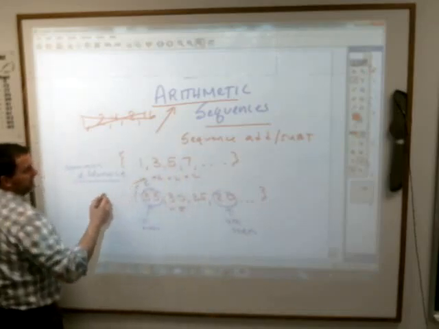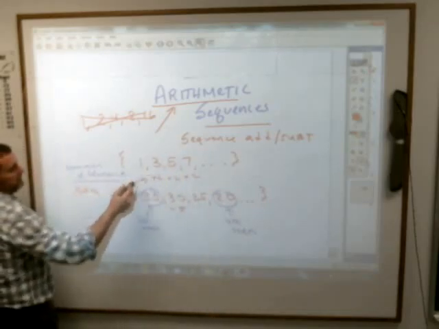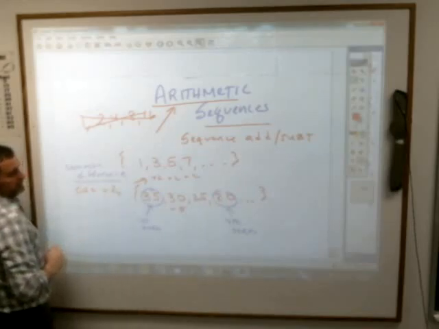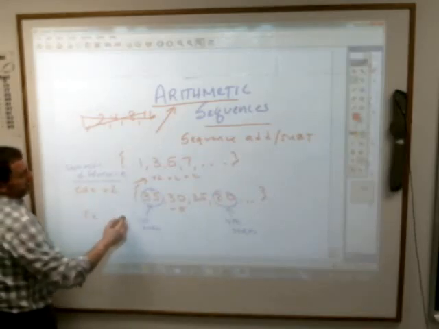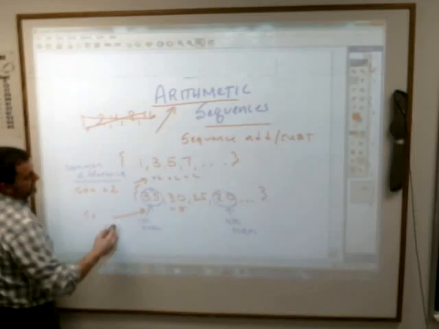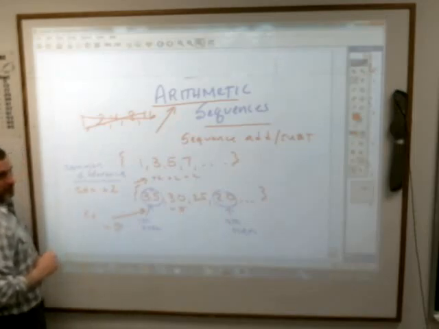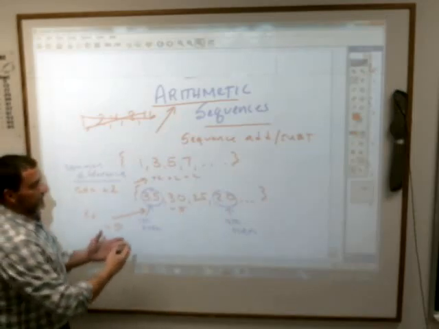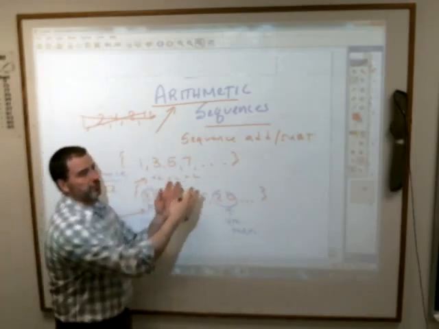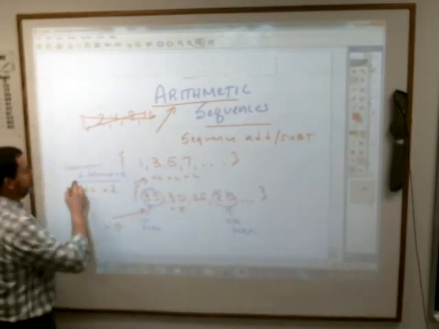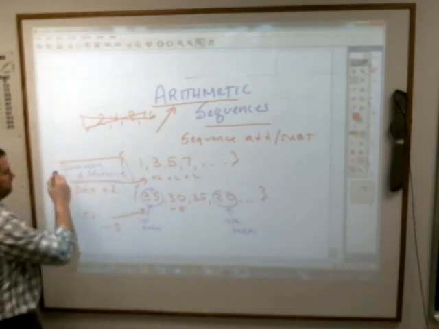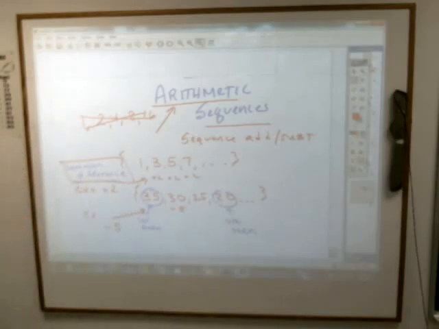In this case, the common difference is adding 2. The common difference of this sequence is subtracting 5. It's just the difference from one term to the other: what are you adding or subtracting? That is the common difference.